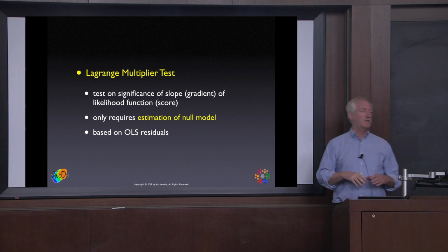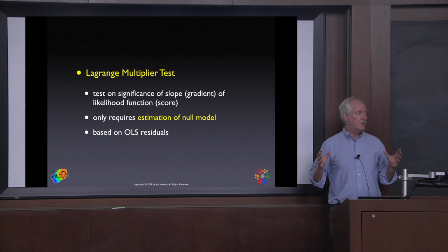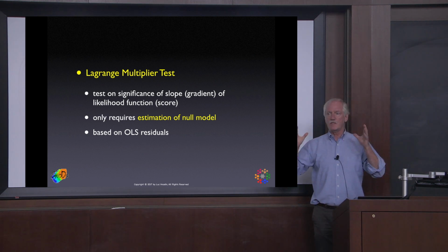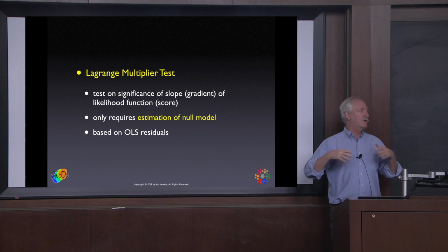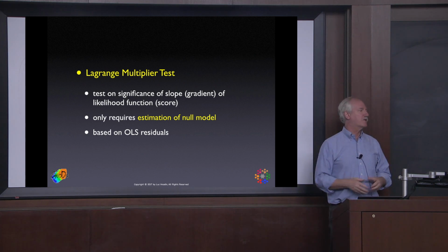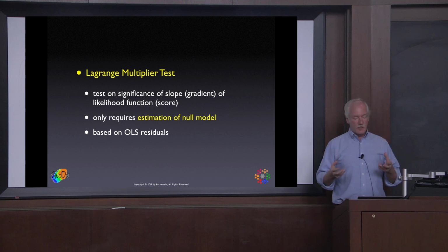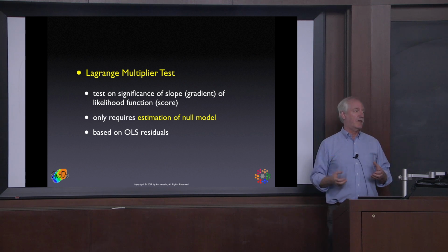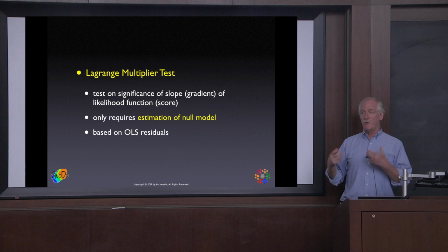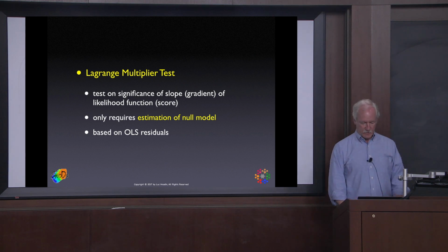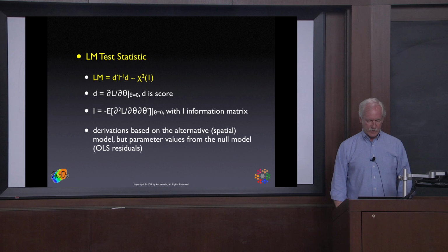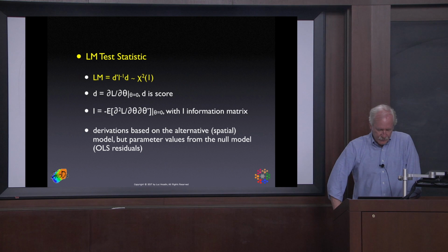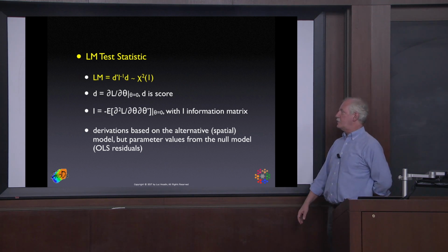So you use the residuals of a standard least squares regression, and even though the actual derivation is quite complex and is based on the likelihood of the alternative model, you actually never have to estimate it. And this is even more attractive when your alternative model is very complicated, like a spatial probit model or a spatial count model or those kinds of things. So that's why these statistics are so popular and widely used.